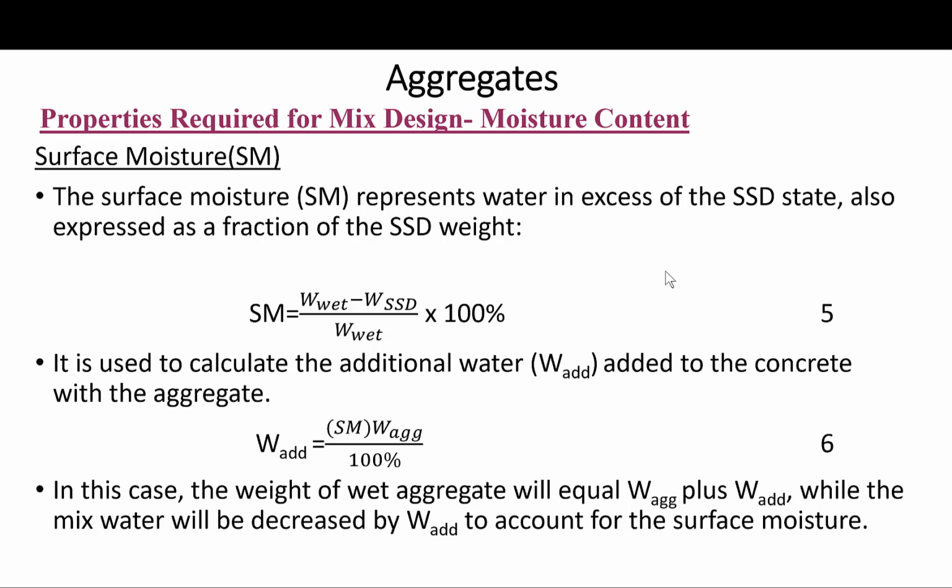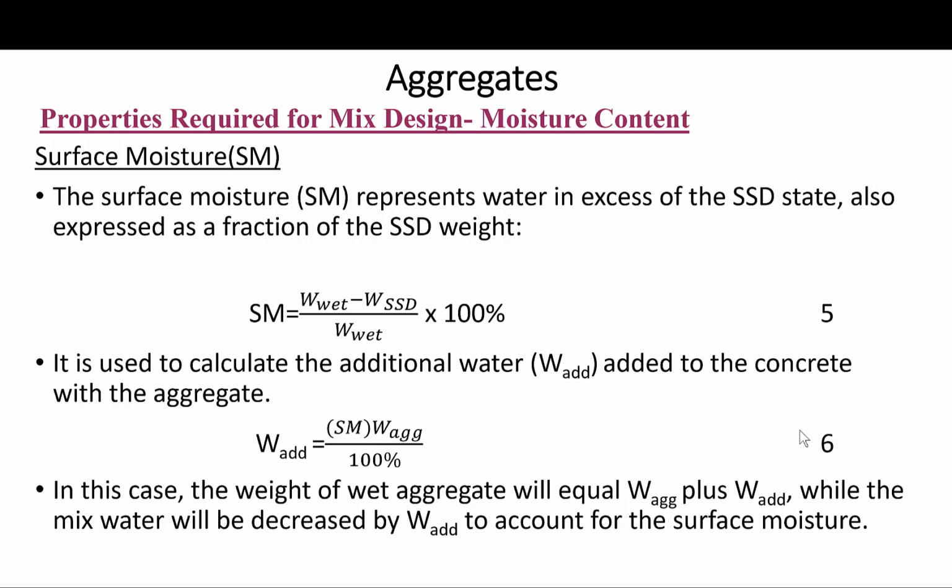It is used to calculate the additional water added to the concrete with the aggregate. So the added water equals the surface moisture multiplied by the weight of the aggregate divided by 100%. This is equation number 6.